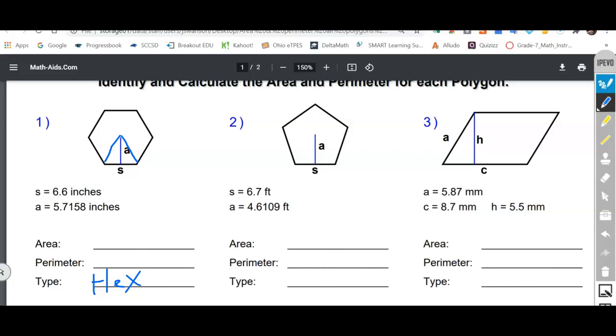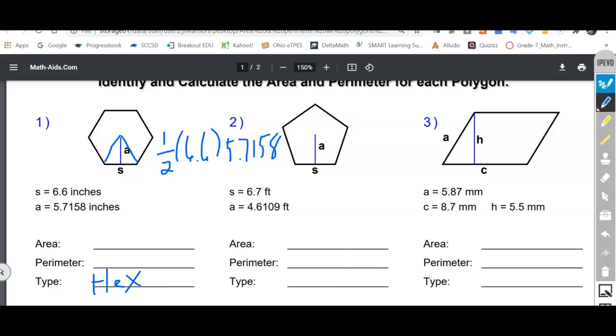So let's find the area of that triangle. It's 1/2 times 6.6 times A, which is 5.7158. I don't know why they give us these crazy numbers, but they did.